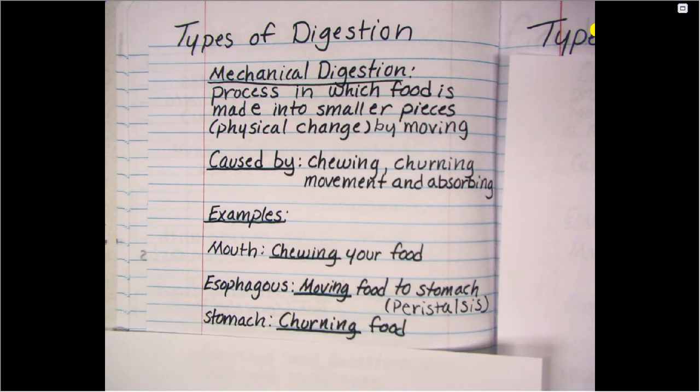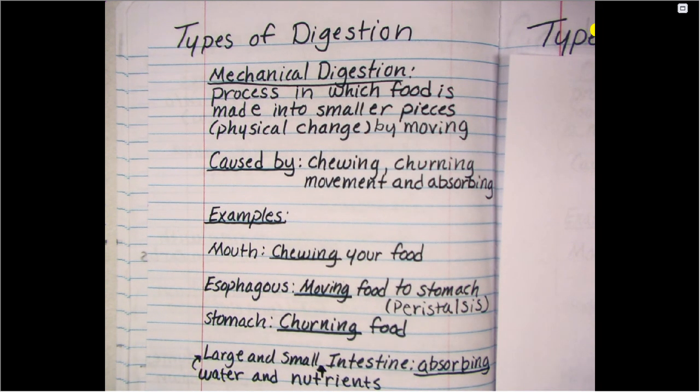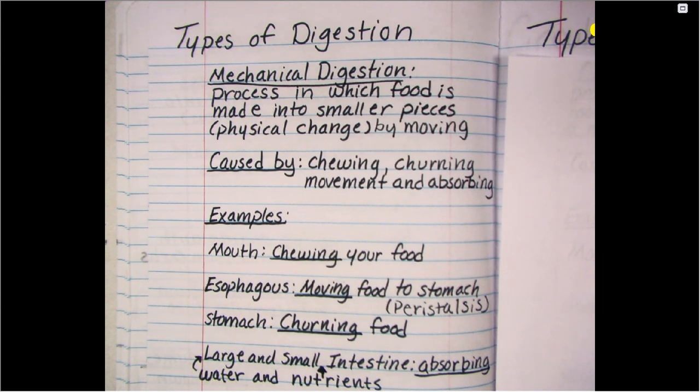Then you have your stomach churning the food, which is basically just movement. And then in the large intestine and the small intestine, you have that absorption happening in both of those. So these are examples of mechanical digestion, so basically moving your food around and breaking it into smaller pieces.